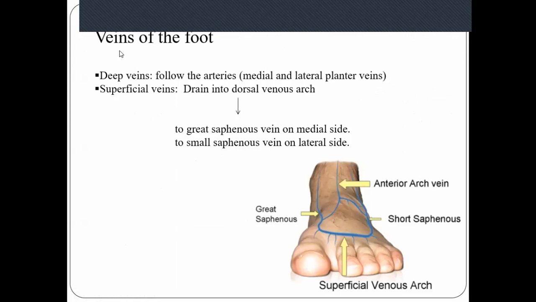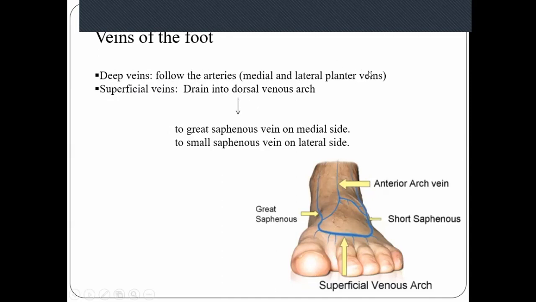Then we can go to the veins of the foot. As in the upper limb, the thigh and the leg, you can see there are deep and superficial veins in the foot also. The deep veins usually follow the arteries.